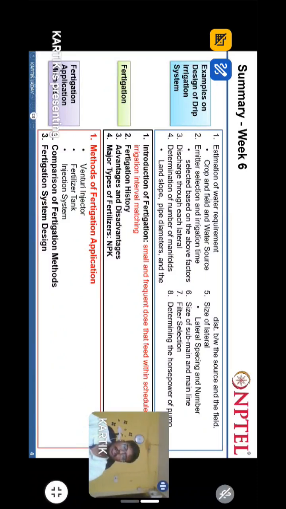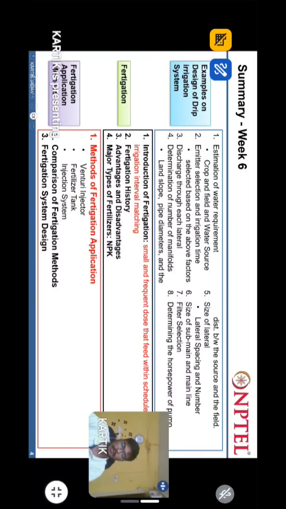So once we have identified the crop water requirement based on the crop type and type of soil we have, next we need to decide the emitter selection based on the daily water requirement of that particular plant, and that emitter selection in terms of whether it is point source or non-point source, and also the discharge of that emitter, what kind of discharge we require from that emitter. Once we have that emitter, then we focus on discharge through each lateral.